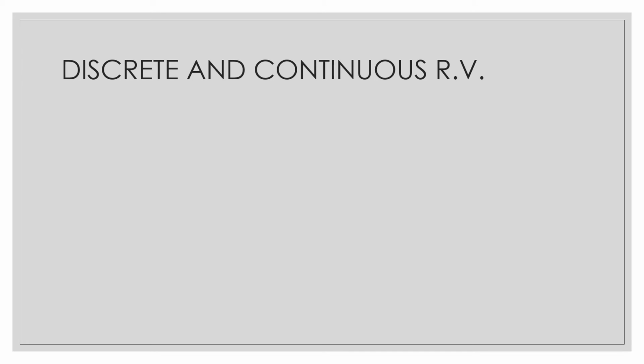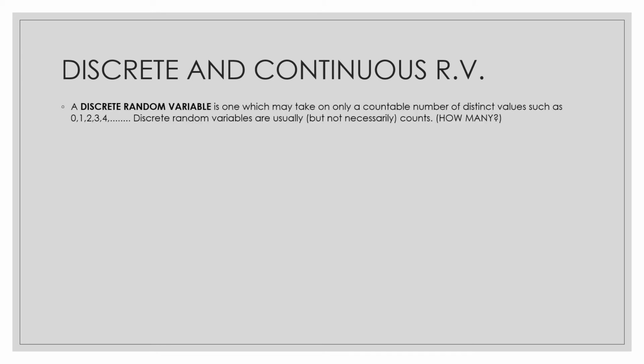Now, there are two types of random variables. We have your discrete and continuous. So we are going to differentiate the two. Number one, a discrete random variable is one which may take on only a countable number of distinct values such as 0, 1, 2, 3, and 4, and so on. Discrete random variables are usually, but not necessarily, counts.